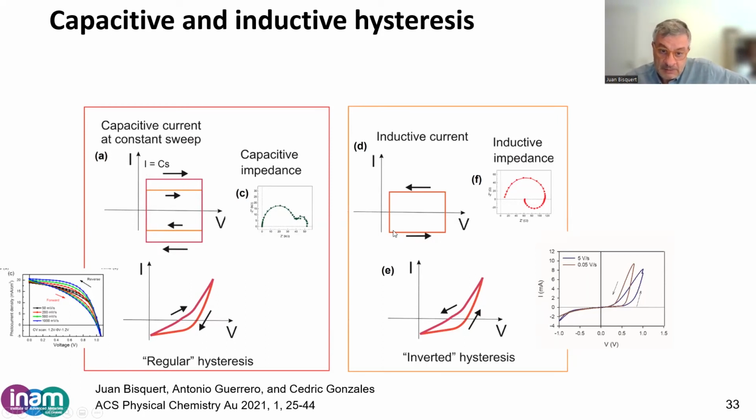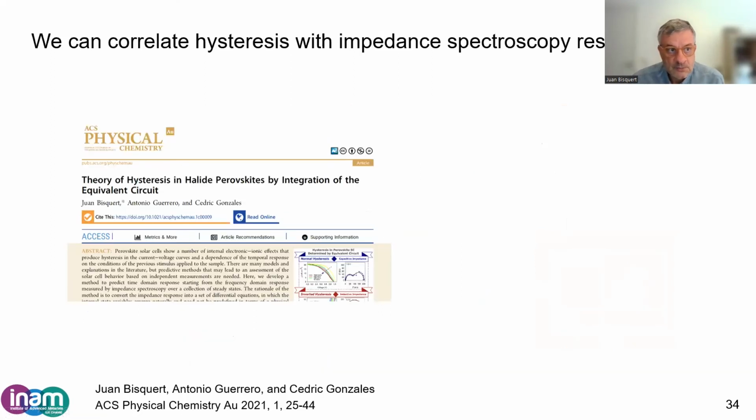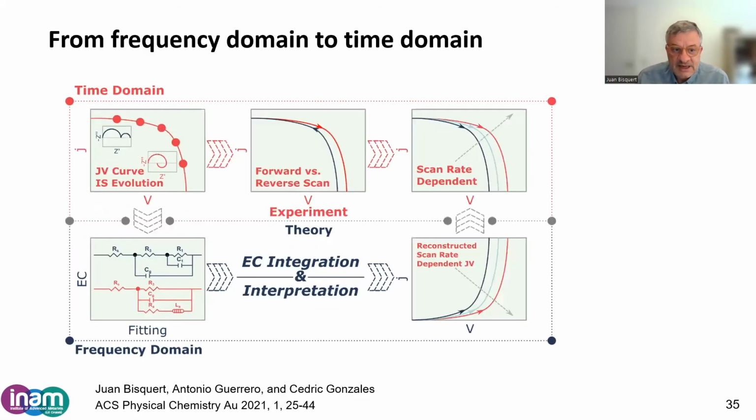Approximately, the forward is more negative than the reverse, so that it creates inverted hysteresis. The regular hysteresis is capacitive, happening in the low voltage domain of solar cells, and the inverted hysteresis is found many times in memristors. We can do more, as we show in this work, and correlate the equivalent circuit elements at different voltages to the amount of hysteresis.